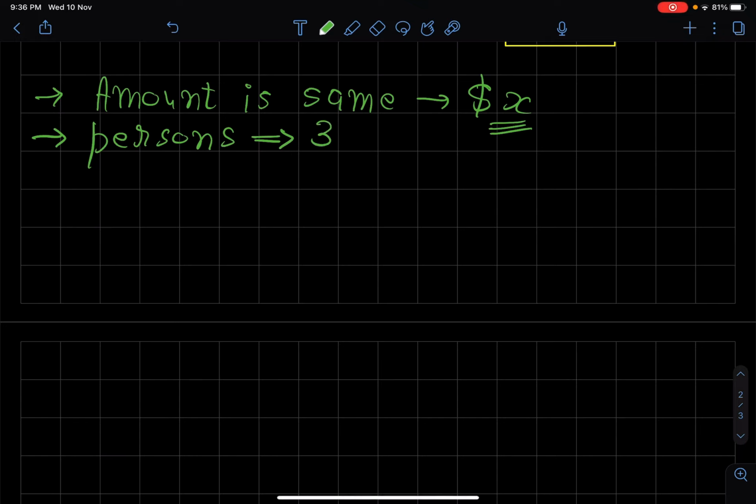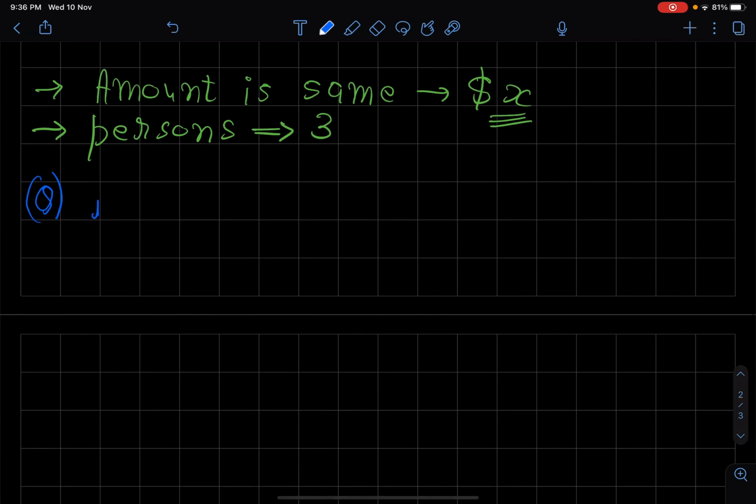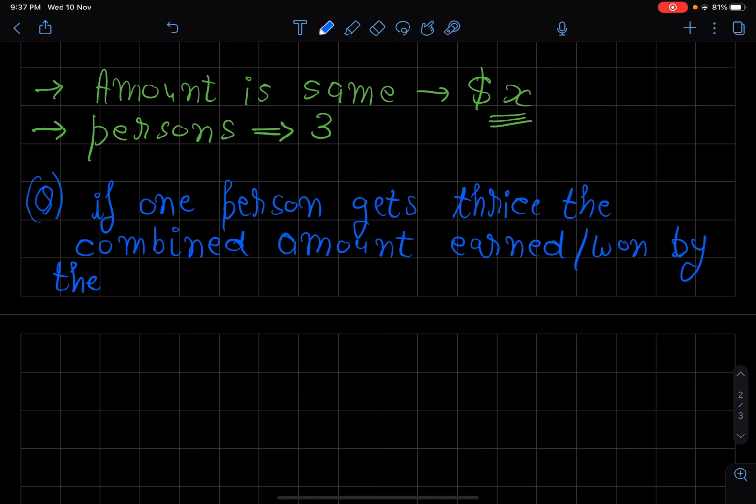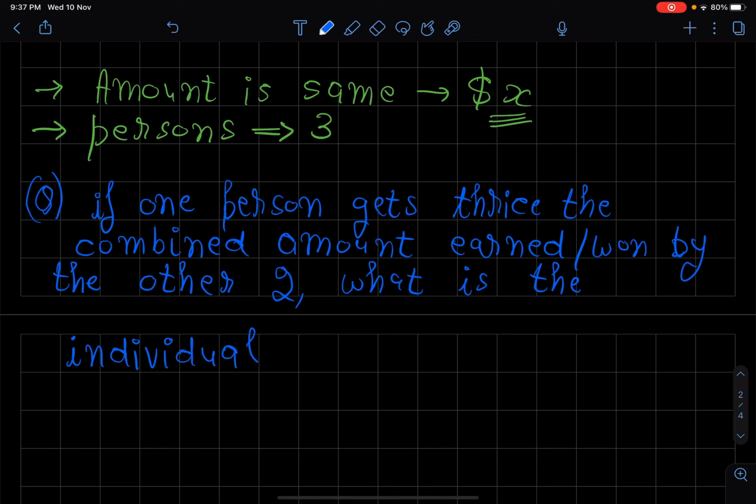All right, now the question says, if one person gets thrice the combined amount won by the other 2, what is the individual earning?